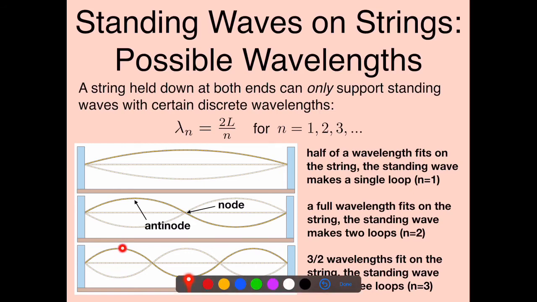You have an antinode here that bounces up and down, followed by a node, another antinode that bounces up and down like this, followed by another node, and then another antinode that bounces up and down like this. So you have three loops for n equal to 3. We could keep going with this. There are obviously other values of n we could do, but hopefully you get a sense of how to visualize these standing waves for different values of n.